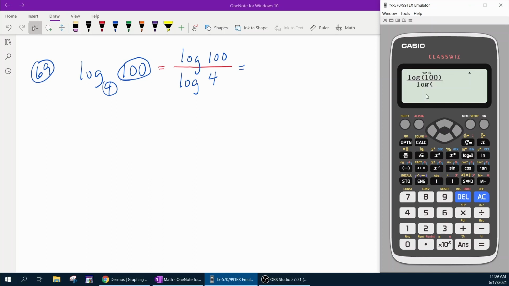Shift and negative again. Log of 4. So this is using the change of base formula to calculate this expression that doesn't work out to be a nice whole integer number. And we need to round that to 4 decimal places. That would be 3.3219.